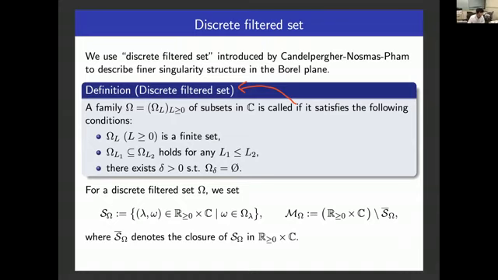The third condition guarantees that we start from an analytic germ at the origin, so the function we are considering is analytic at the origin.